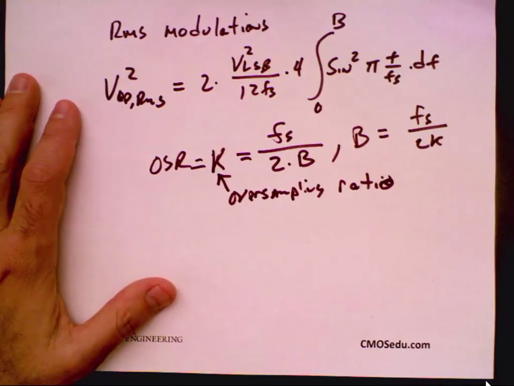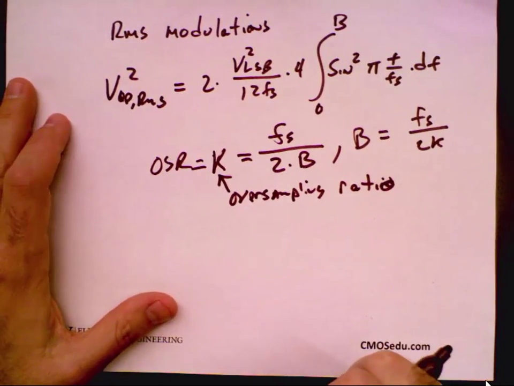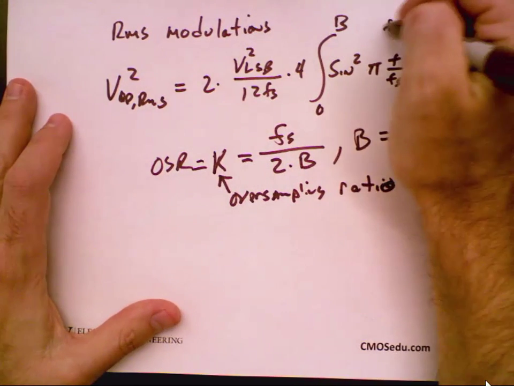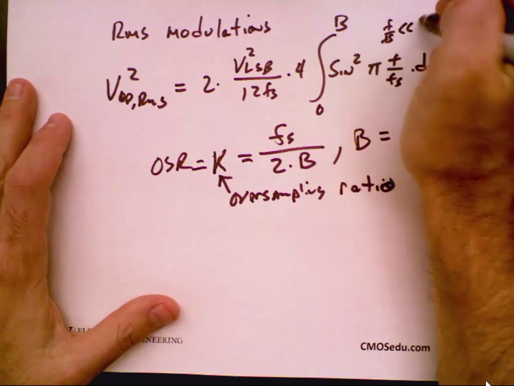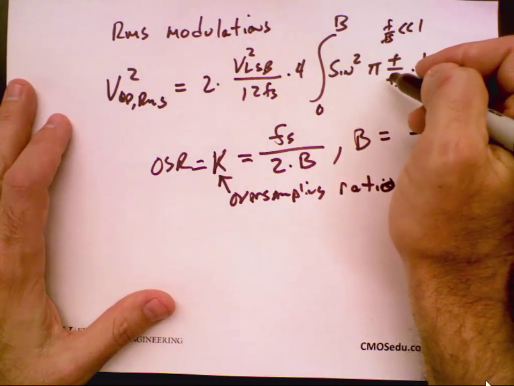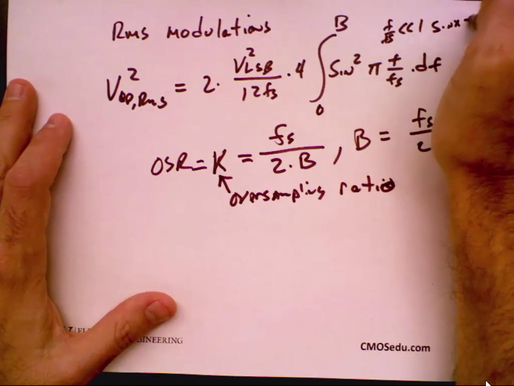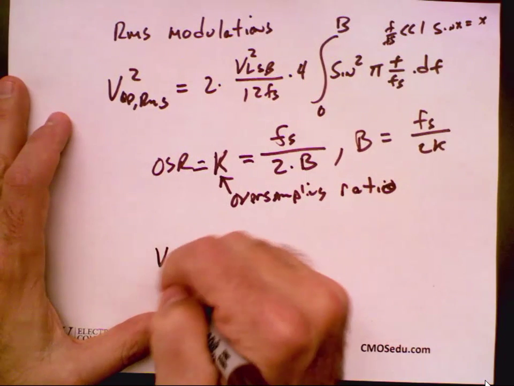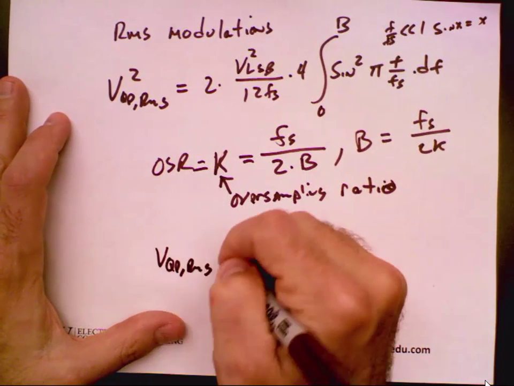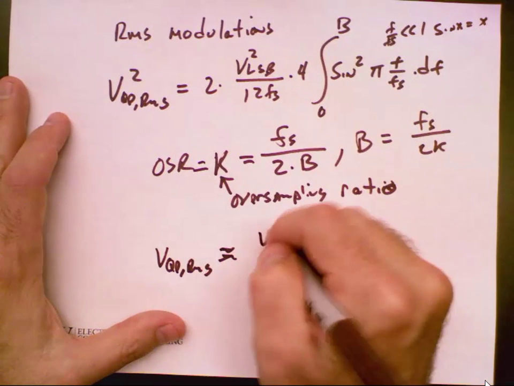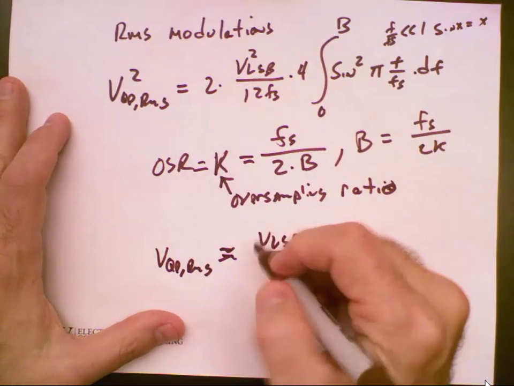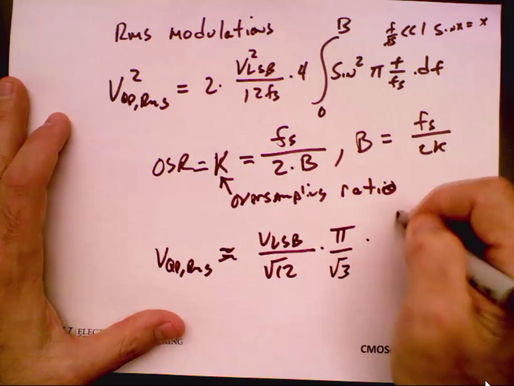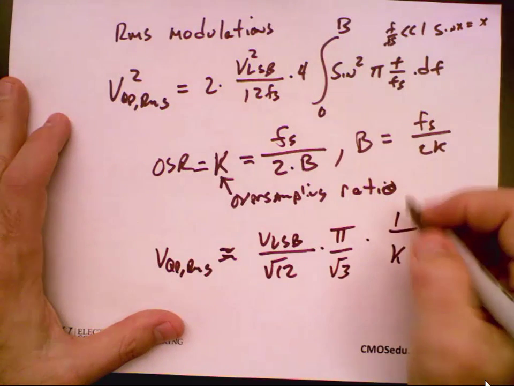So if you go through and you use a value here that you assume that F over Fs is much, much less than 1, so it's large oversampling ratios, then you can say sine x is approximately x, and you can derive the VQE RMS, it's on page 238, as approximately VLSB all over root 12 times pi over root 3 times 1 over k to the 3/2.